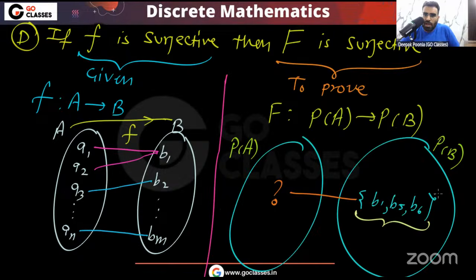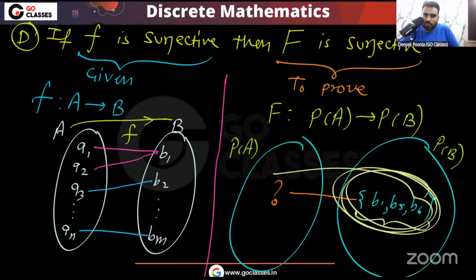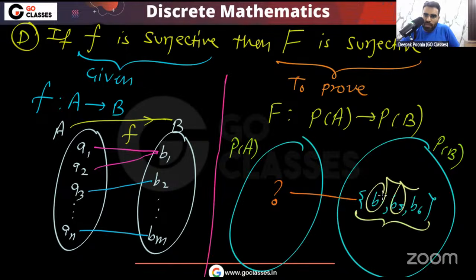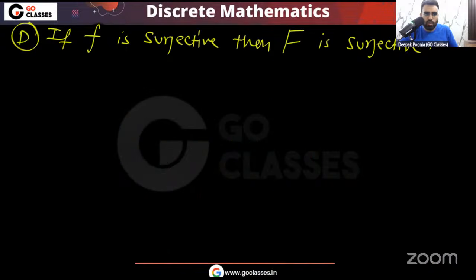So how to find the preimage of this set? For each individual element, you find the preimage, and that's it. Okay, I hope you understood. What I need to do is find the preimage of B1, B5, B6. Already it is given that small f is surjective.